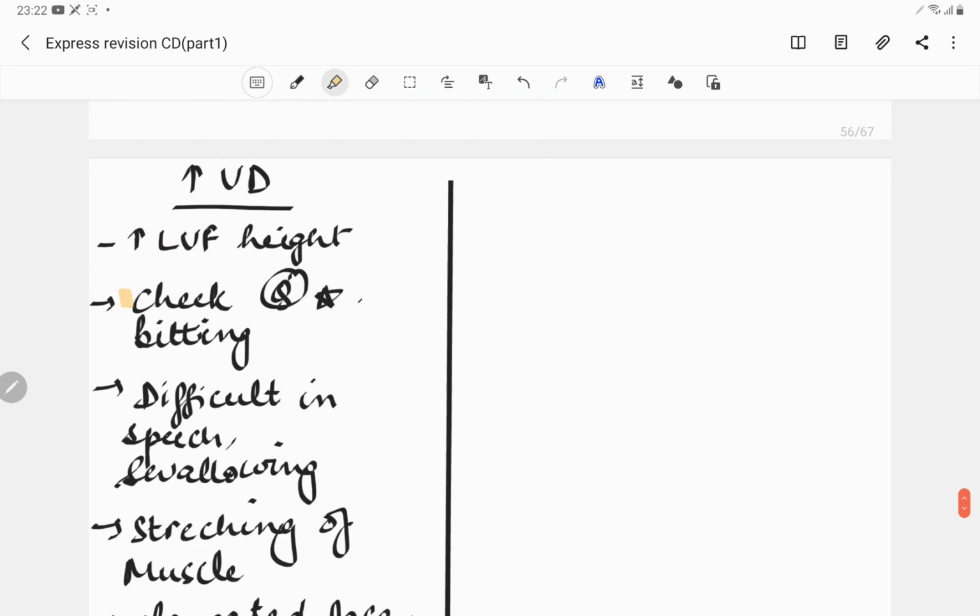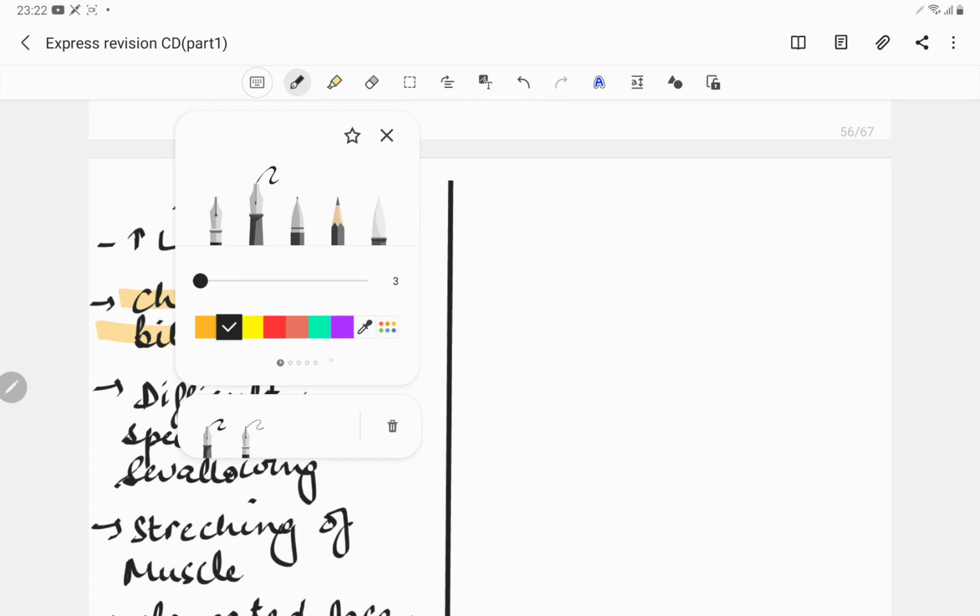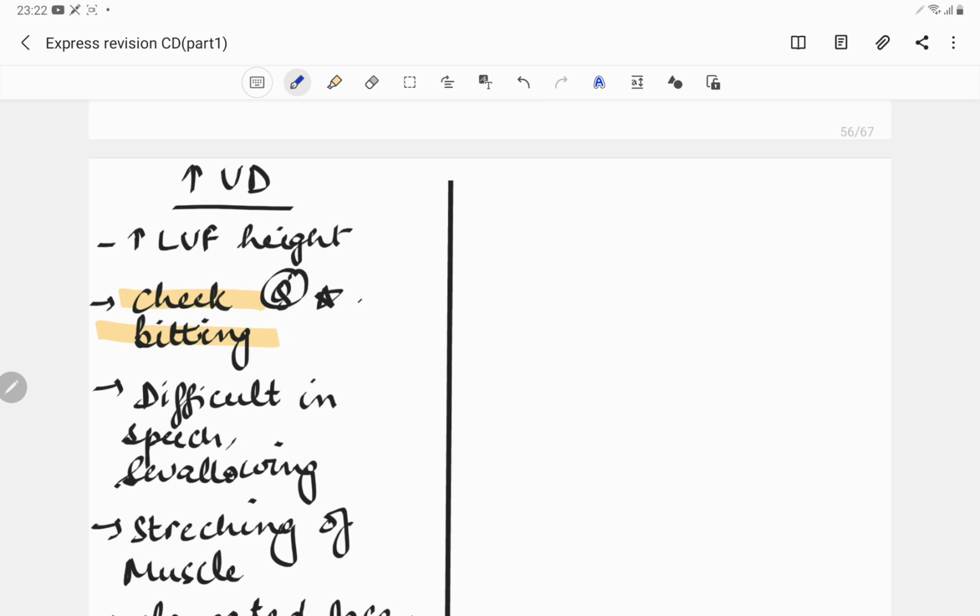So the very important point is the cheek biting, which is seen in the increase in the vertical dimension. Now talking about when there is a decrease in the vertical dimension. What happens when we have decreased the vertical dimension of occlusion?